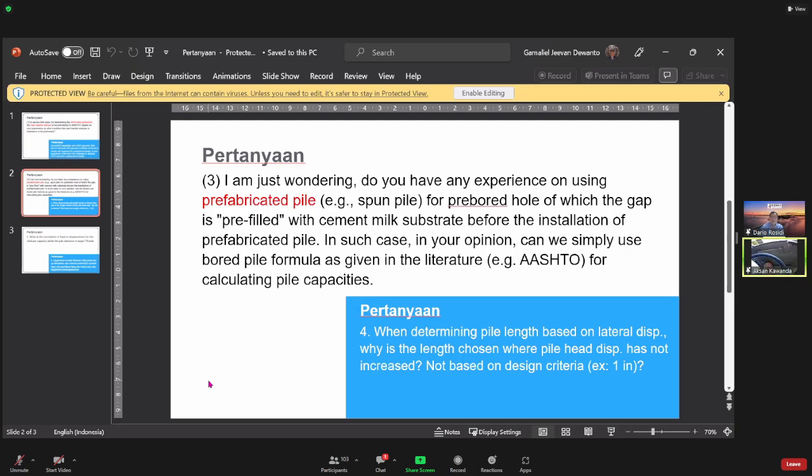Ya. Di Amerika kan tiap state ada sendiri-sendiri. Kalau di California kita pakai Caltrans. Caltrans itu require you to do the test. All those tests, SQUID, lalu shape. So that means it's required, not only a common practice, in some states in America, right?